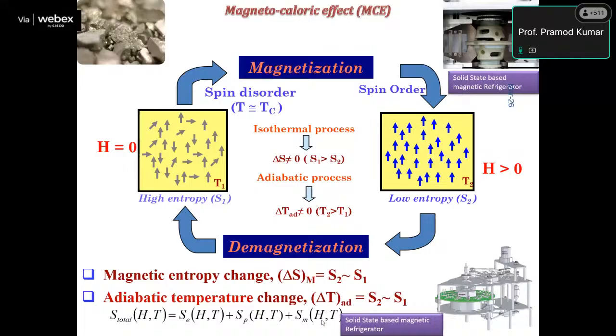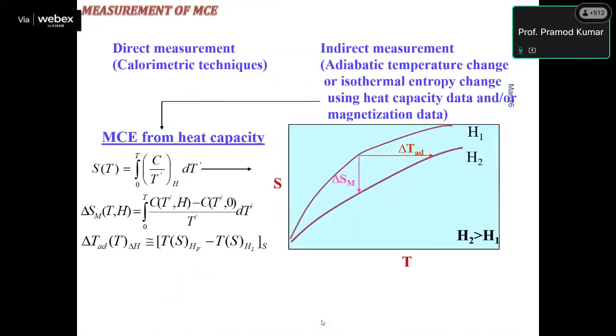Such a change in temperature comes when we are removing the magnetic field of any magnetic material in the adiabatic region. Using this concept, people have successfully designed the magnetic refrigerator. Of course, we can measure this entropy in two ways. One, of course, is direct measurement.